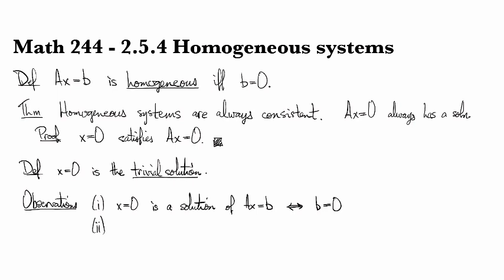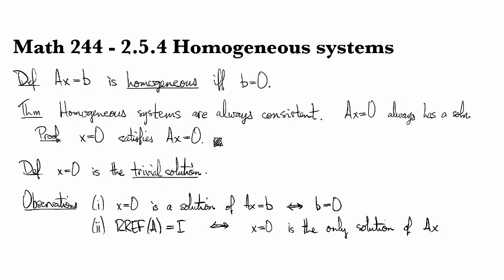Then we also have that the reduced row echelon form of A is equal to the identity if and only if x equals 0 is the only solution of the homogeneous equation.